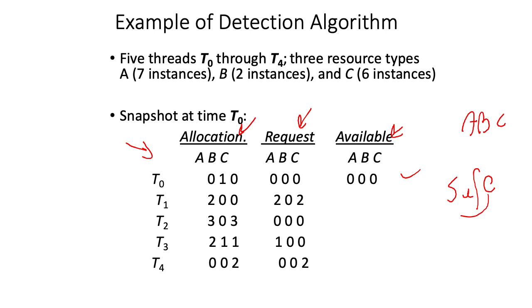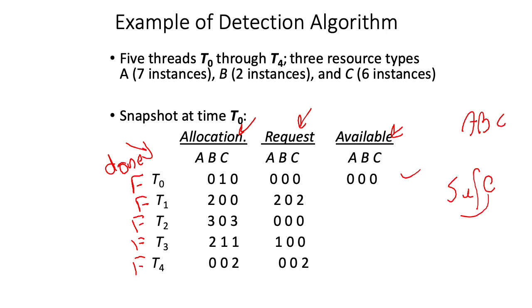and so we're going to again set the done or the finished data structure to false for all the threads that are currently holding some resources, which means they're still in execution. And then we'll check their requests and see if we can find a safe sequence that will tell us that our system is in a safe state.